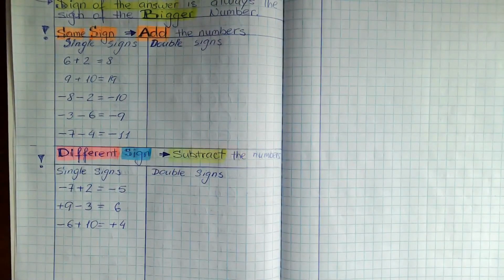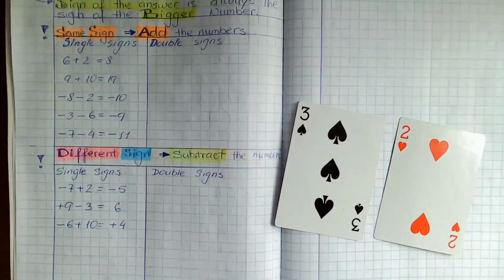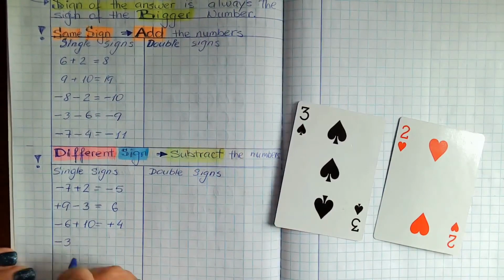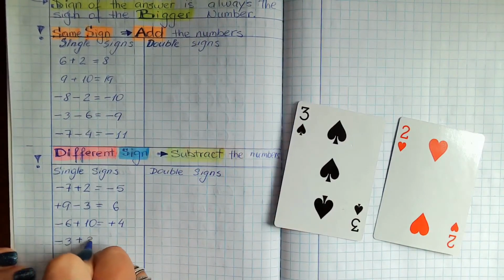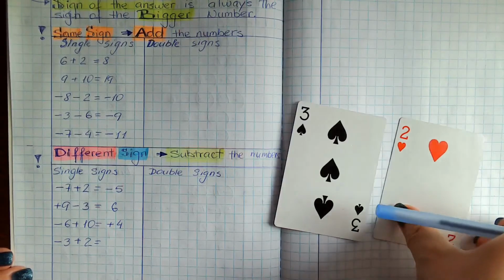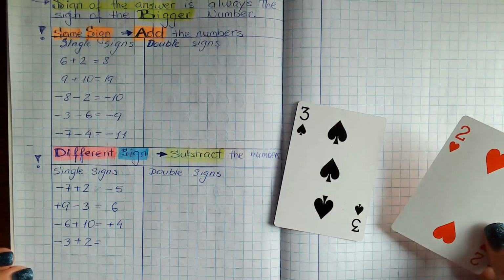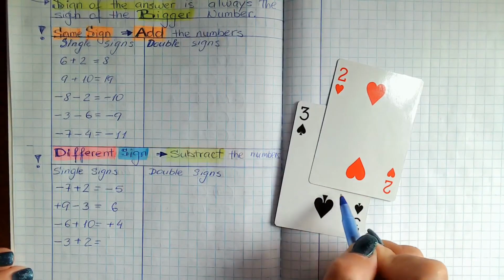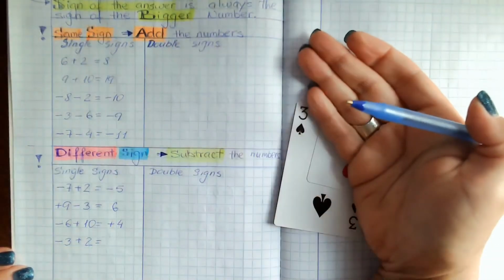Okay, different. Different means different kind. Negative 3 plus 2 equals. How much would that be? This one is smaller, so we subtract, and what's left is 1 negative.